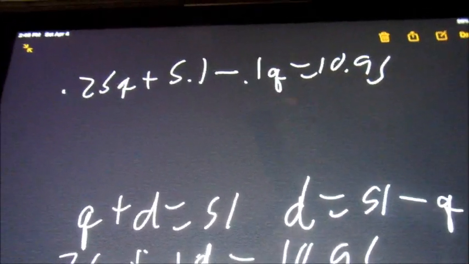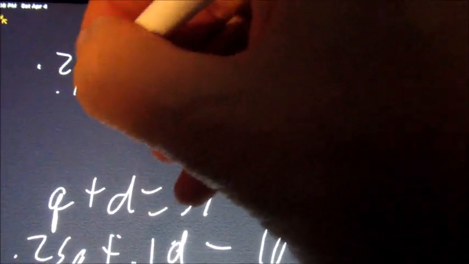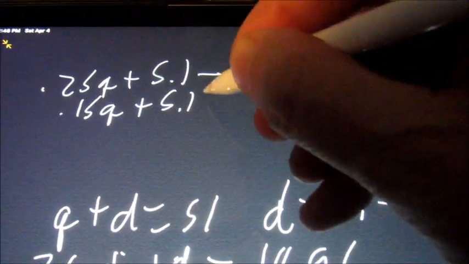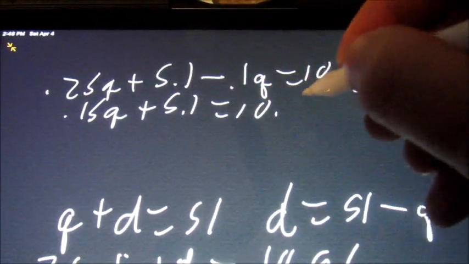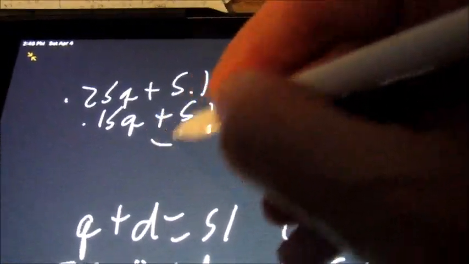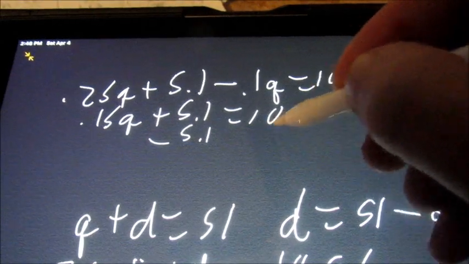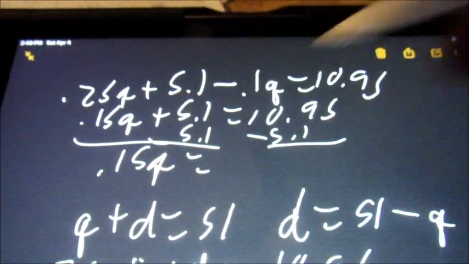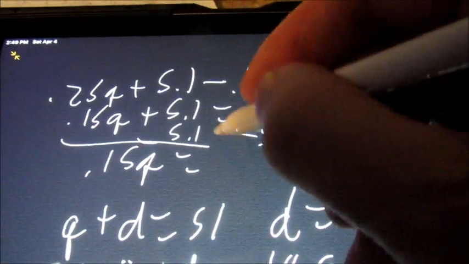Now I'm going to combine like terms, and I'll have 0.15Q plus 5.1 equals 10.95. Subtract the 5.1 and have 0.15Q equals 5.85.